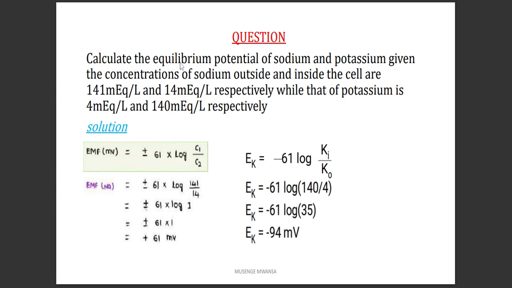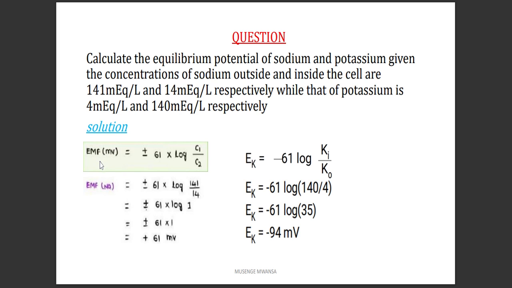Let's have this example. Calculate the equilibrium potential of sodium and potassium given the concentration of sodium outside and inside the cell as 141 milliequivalent per liter and 14 milliequivalent per liter. And that of potassium is 4 milliequivalent per liter and 140 milliequivalent per liter, respectively. Respectively means the first value is mentioned at the outside.